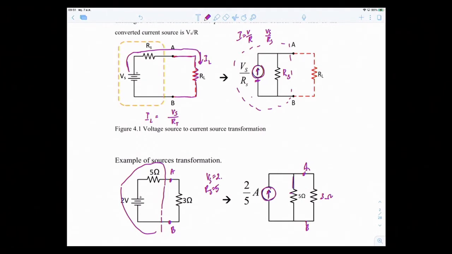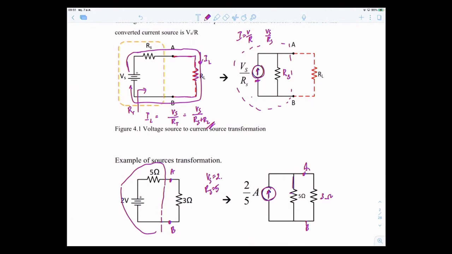So IL is Vs over Rs plus RL, because Rs is in series with RL. This is your answer for IL.